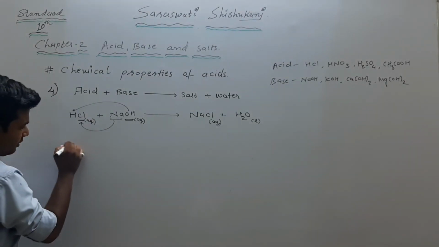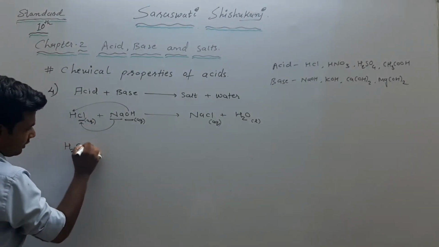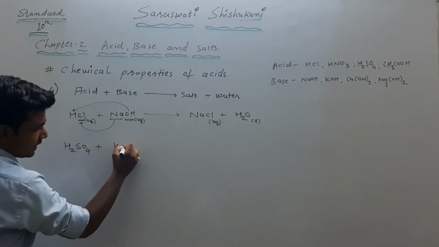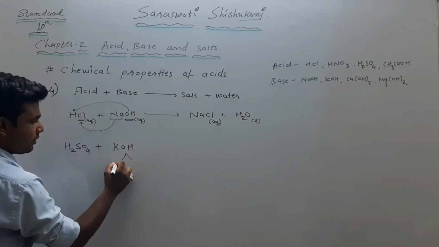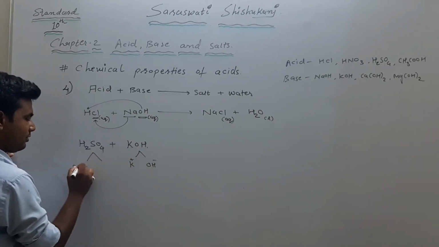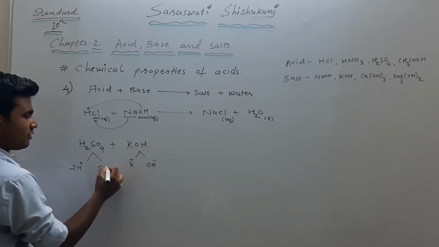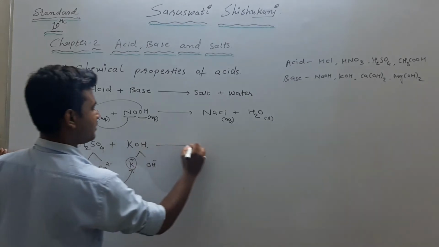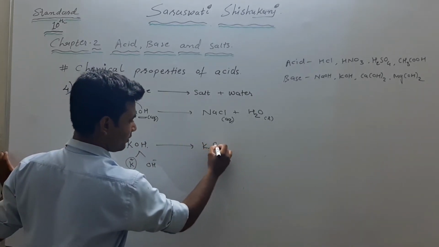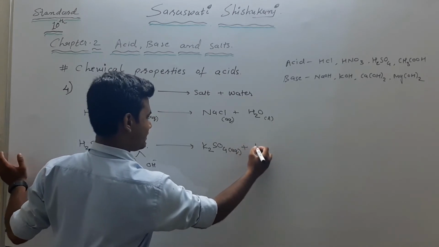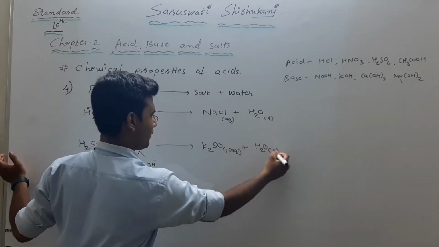Another example, H2SO4 as acid, and as a base, if I take KOH, so simply 2H plus and SO4 2 minus. This negative will react with the positive to give K2SO4 aqueous plus H2O as a liquid.